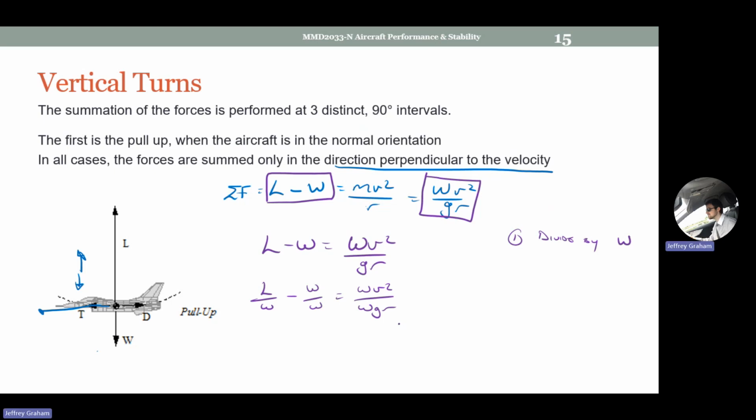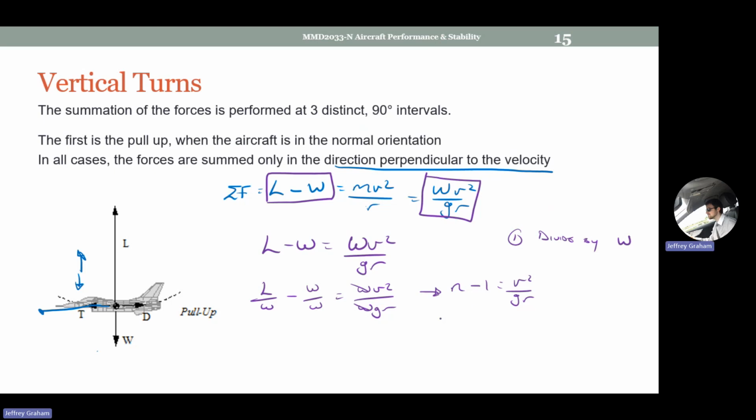Our centripetal equation over the weight. Right, look carefully. Lift divided by weight is our definition of the load factor. We subtract 1 because weight divided by the weight is 1. This is equal to the velocity squared over gr because the weight will cancel out there as well.